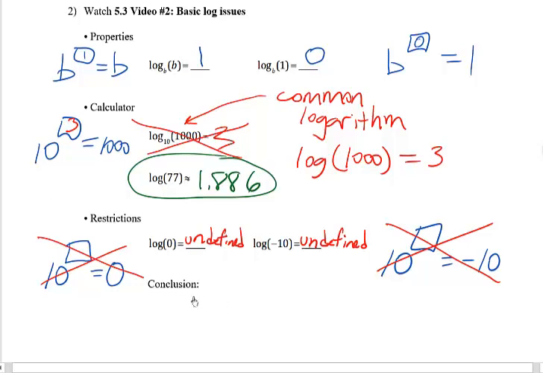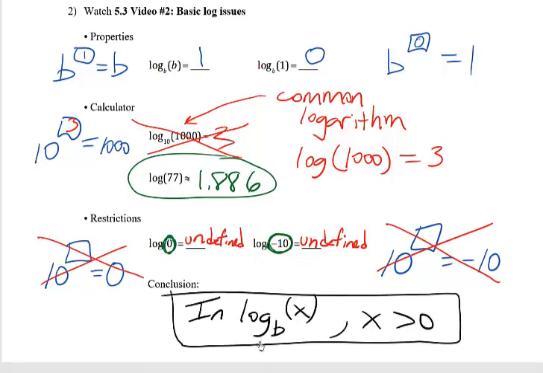Well, the takeaway from these examples is simply that the result part of the log, meaning the part that's always right there next to the log in the parentheses, can only be positive. If you try to use a 0 or a negative, you get something that's impossible. Here's the way we write that.